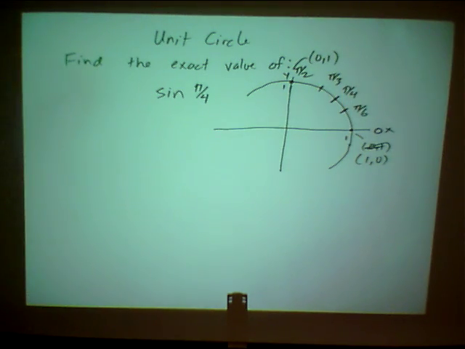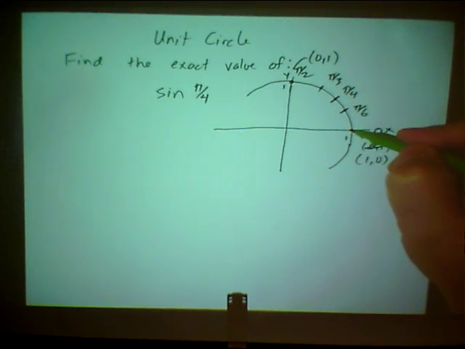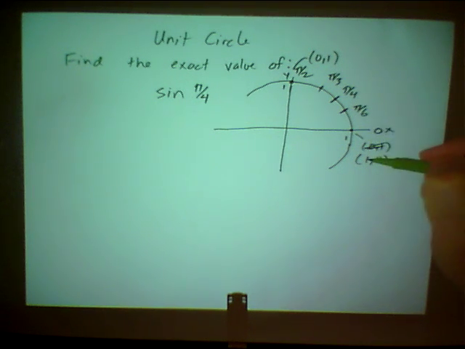Now here's the thing about the unit circle. If you're ever asked to find the sine or the cosine of an angle, you simply go to that point on the unit circle, and the cosine is whatever the x value is, and the sine is whatever the y value is.